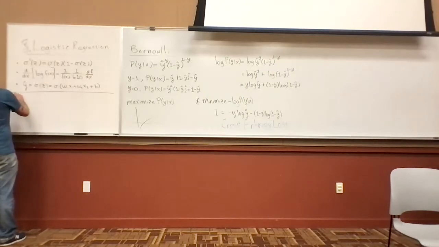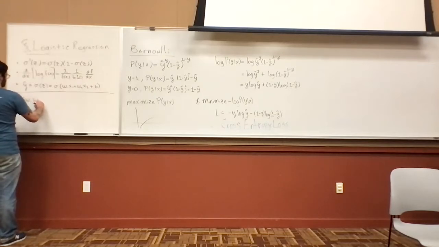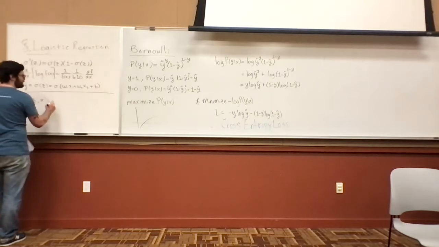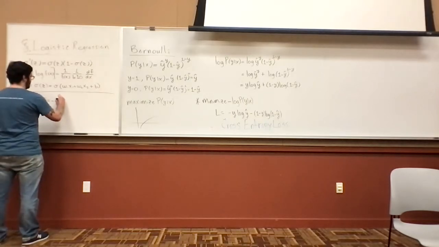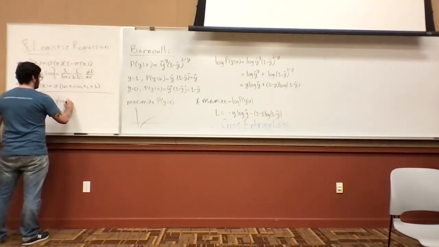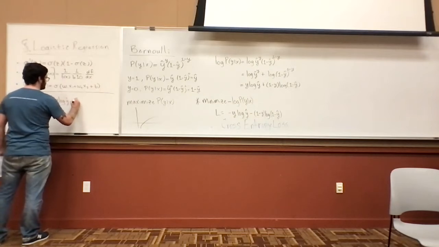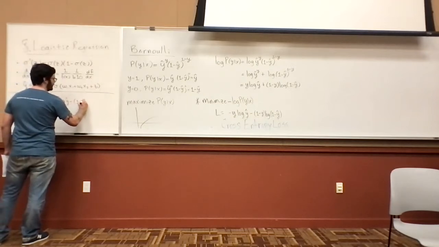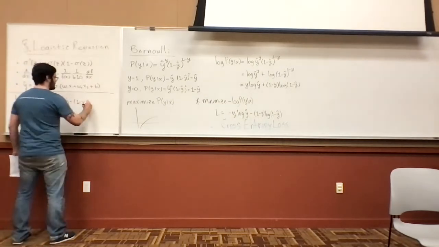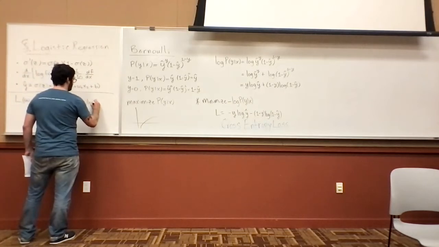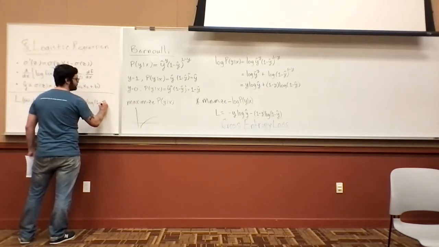And now our loss in terms of w and b, with respect to a given x, is just negative y log y hat minus (1 minus y) times log of (1 minus y hat).